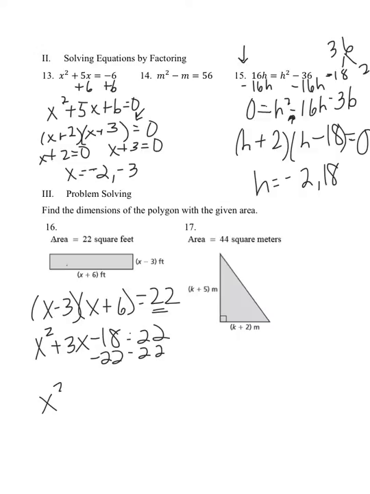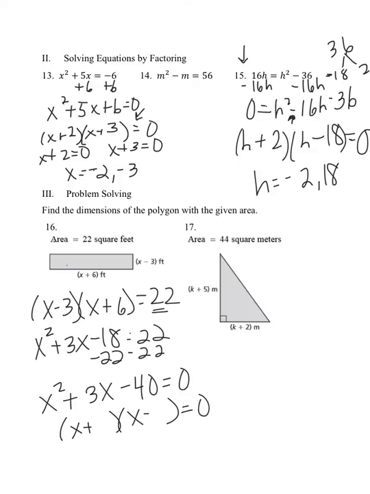So I'll get x squared plus 3x minus 40 equals 0. Positive and negative, that means it is going to be x plus something, x minus something, equal to 0. So I have to start thinking of my factors of 40. I think of 4 and 10.